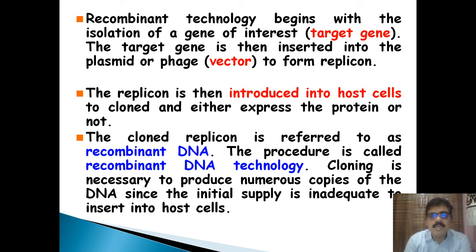The basic concept in recombinant DNA technology is this: recombinant technology begins with the isolation of a gene of interest, and the target gene is then inserted into the vector molecule or carrier molecule to form the replicon. The replicon is introduced into the host cell to be cloned, and either it will express protein or not.